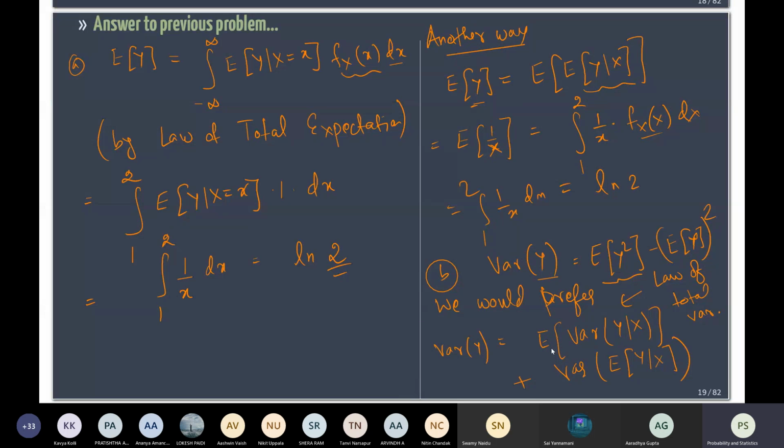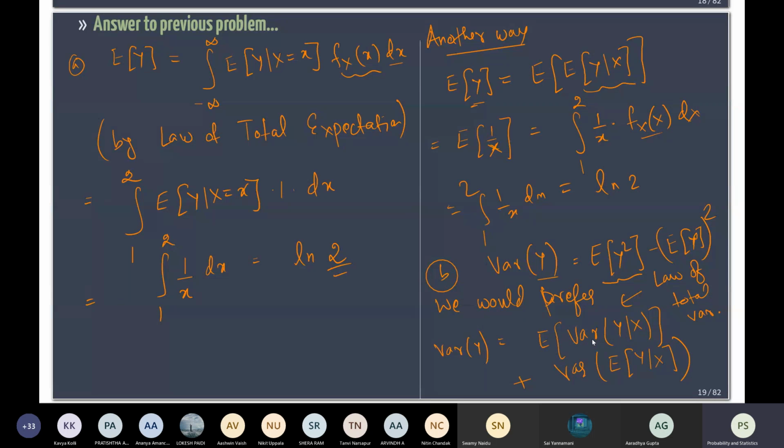So what do we have now? What could be the variance of y given x? Now y given x is known to be exponential, and for exponential of lambda, the variance is 1 over lambda squared.